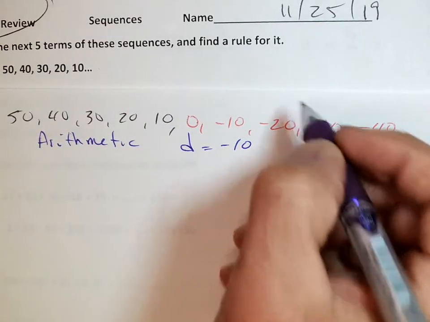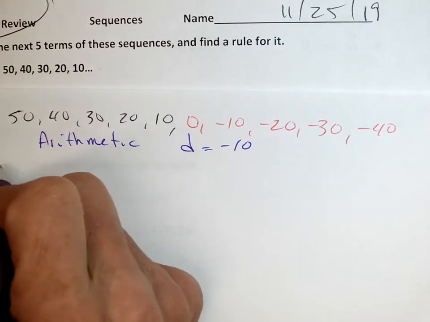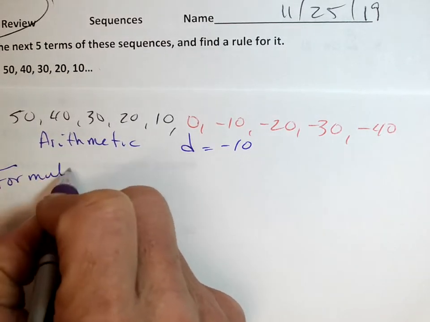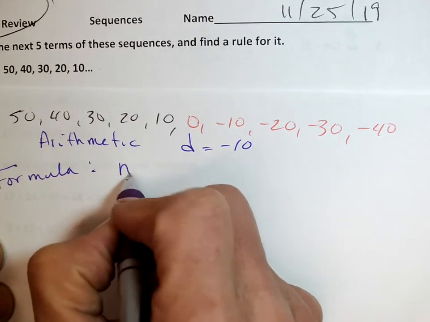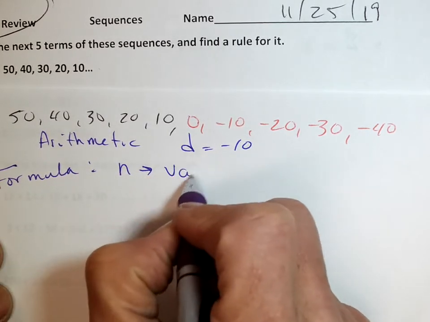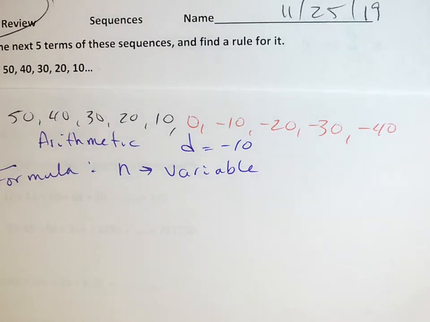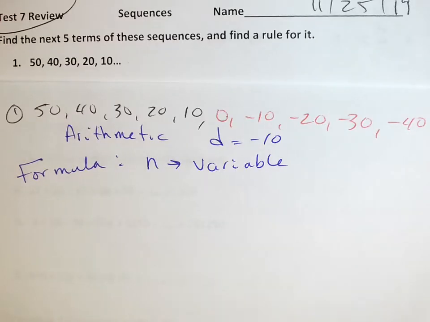Now to have a rule, we need a formula. A rule is like a formula, and we need a variable. So we're going to keep n as our variable. I'm going to start right on with my rule, finding my arithmetic rule here.